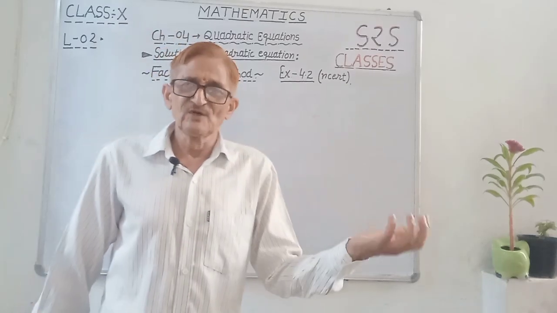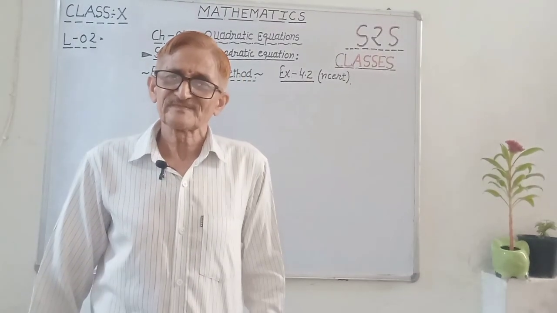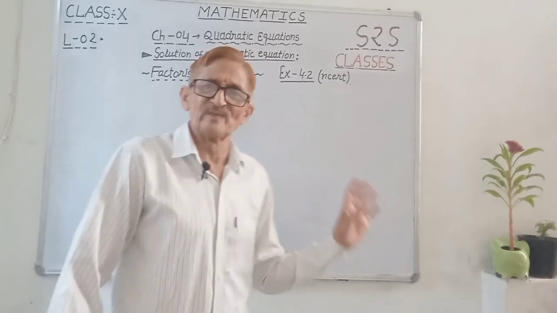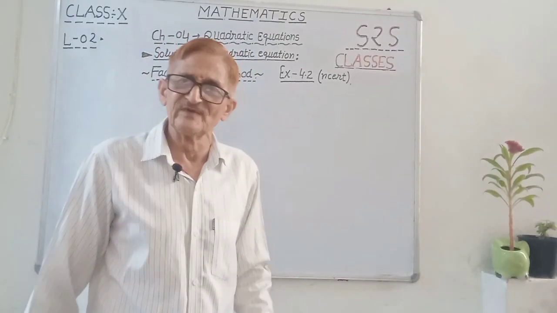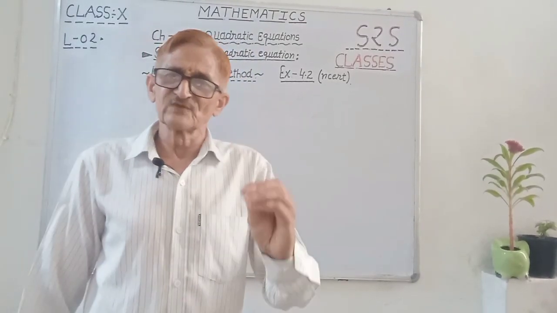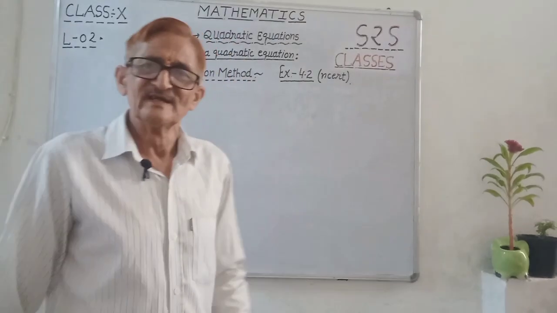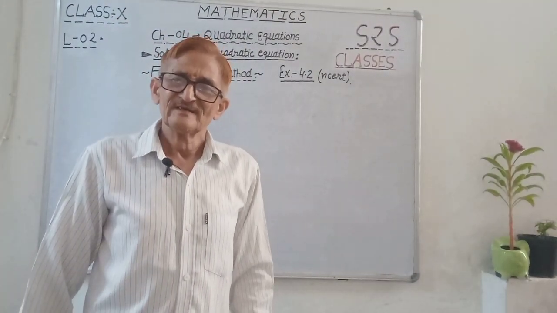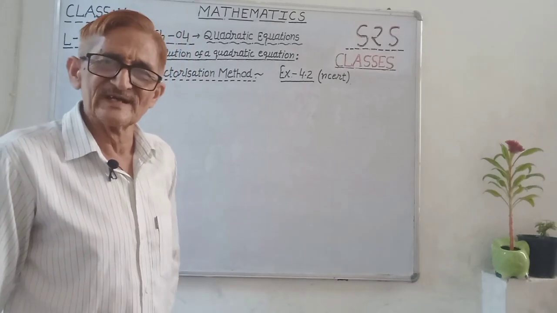So same zeros are called here roots. So we have to find the roots by the factorization method. In other way we can say that is called the solution of the quadratic equation, and that are called the values of x. Same thing, roots of the quadratic equation.